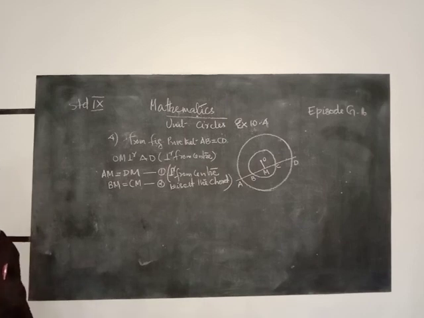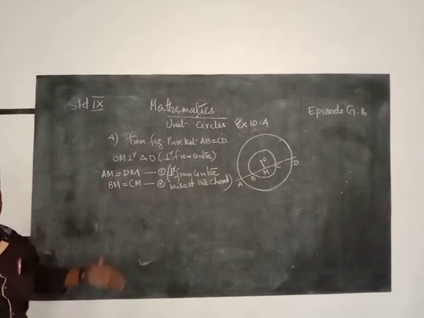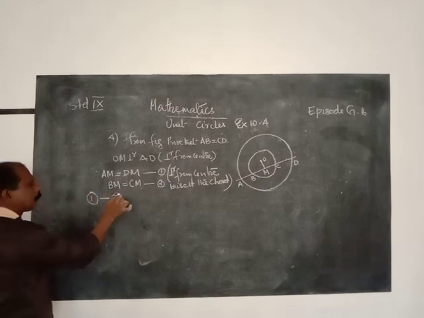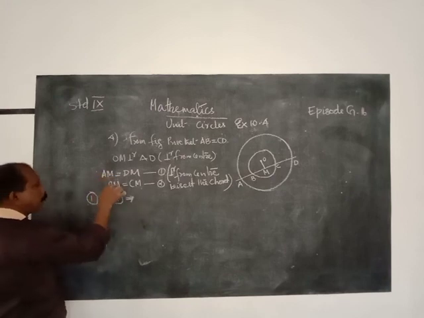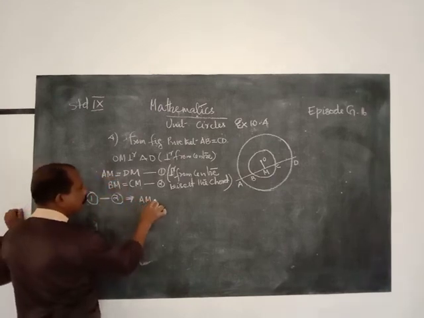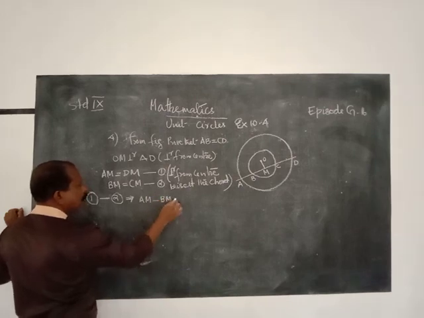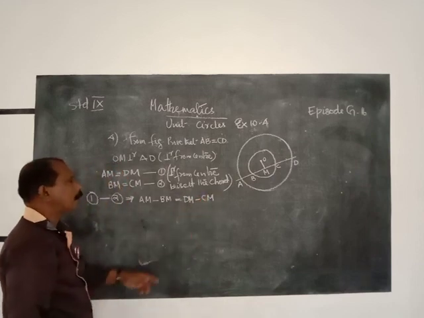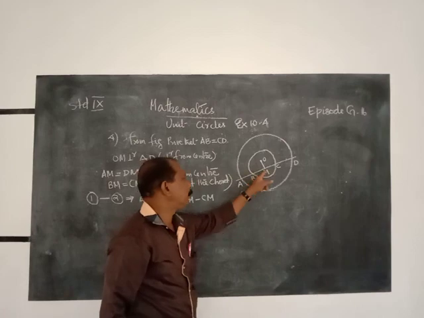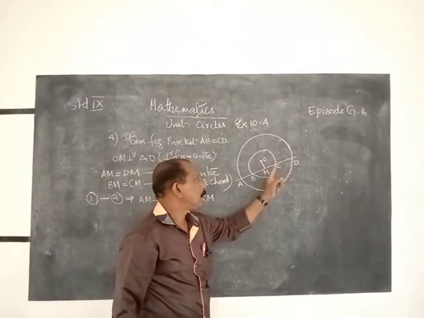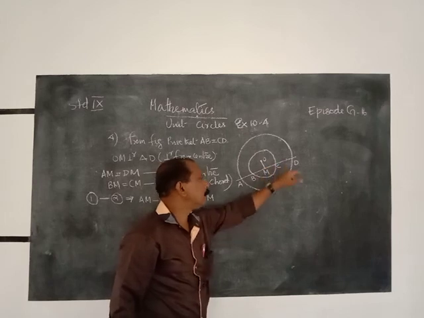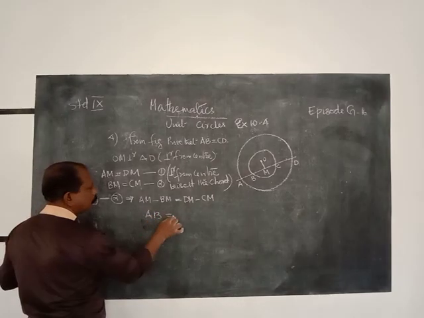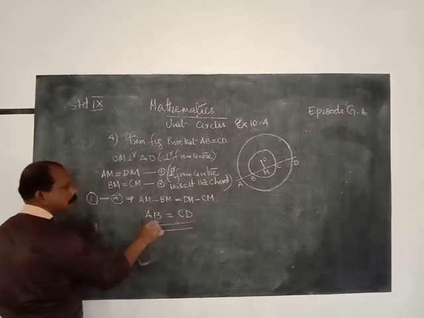Now there are two equations, subtracting: 1 minus 2 gives AM minus BM is equal to DM minus CM. AM minus BM is AB, DM minus CM is CD. That is, AB is equal to CD. That is the answer. Clear?